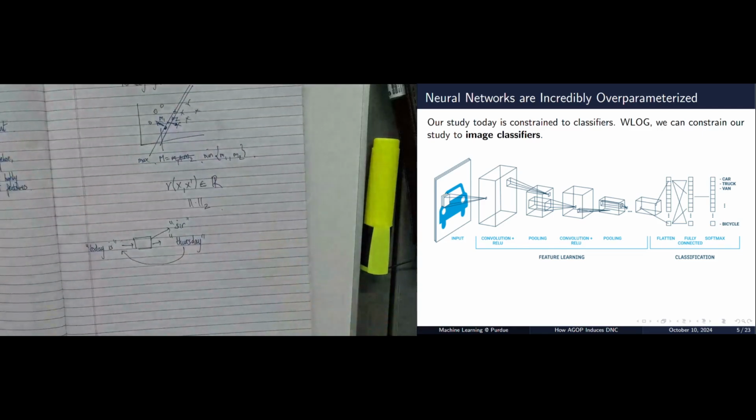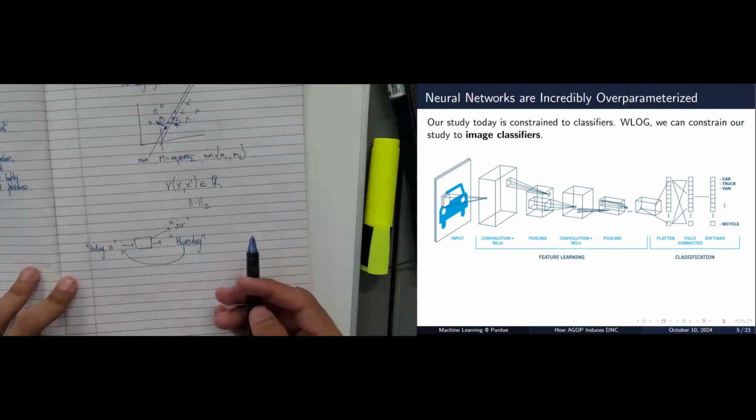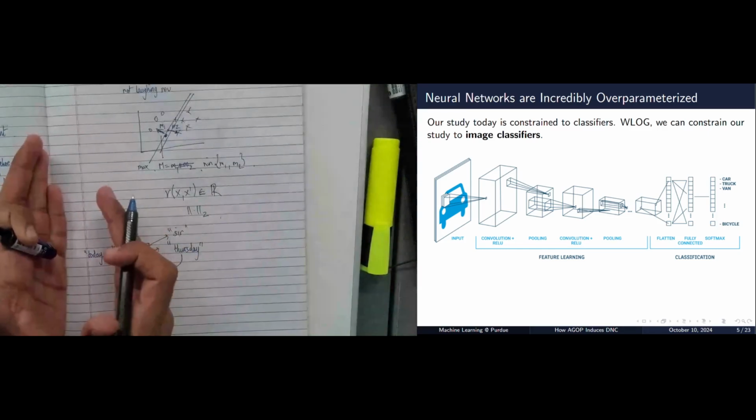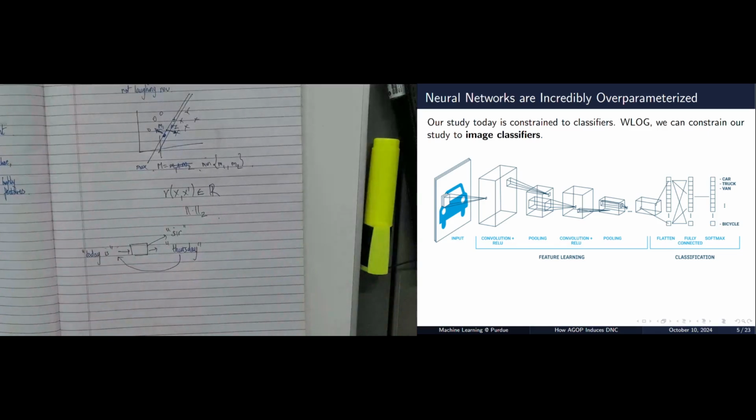So basically this is a cyclic prediction where I will add "today is Thursday, sir," make that the input, and then ask for another output from there.